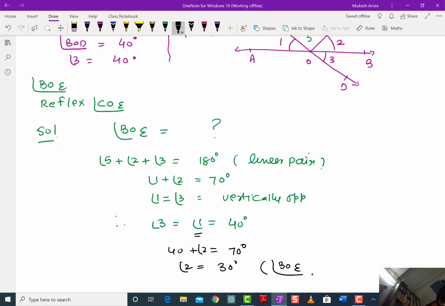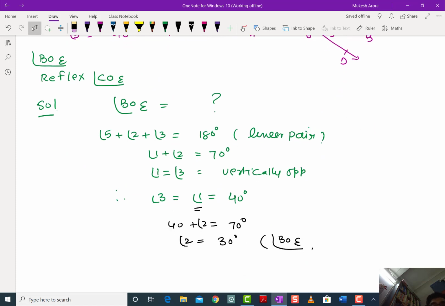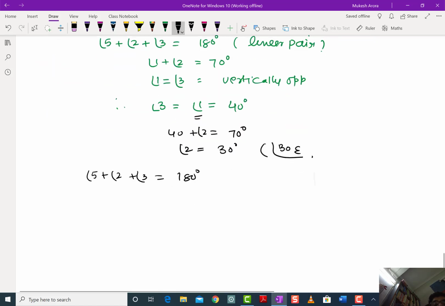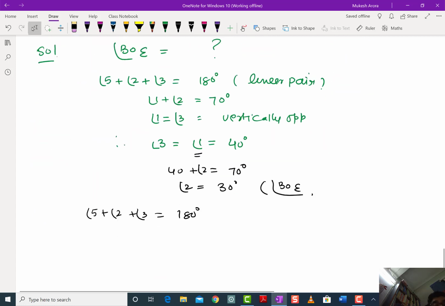Now the other question is, we have to find reflex COE. So angle 5 plus 2 plus 3 is equal to 180. 2 plus 3 was 1 plus 1.